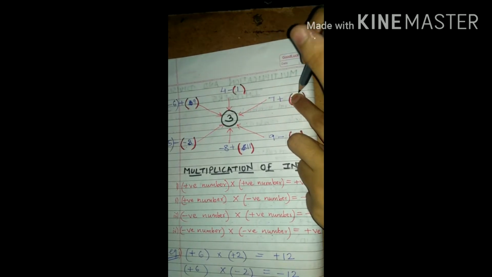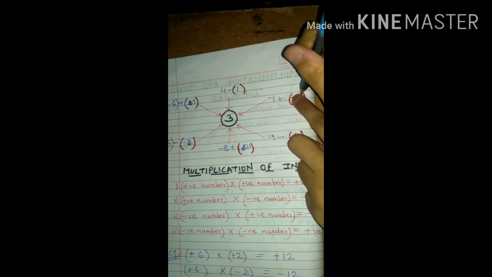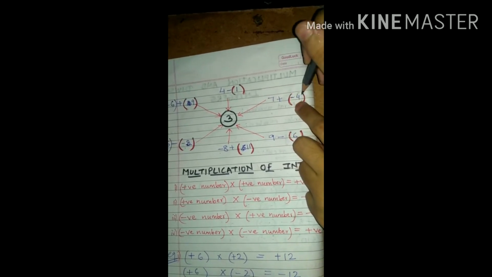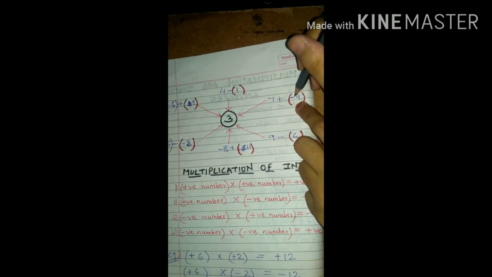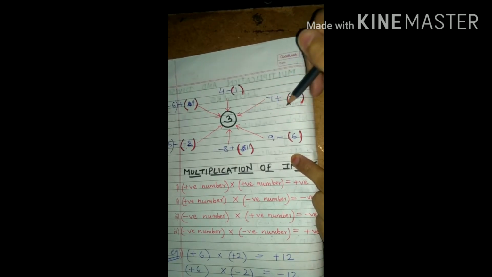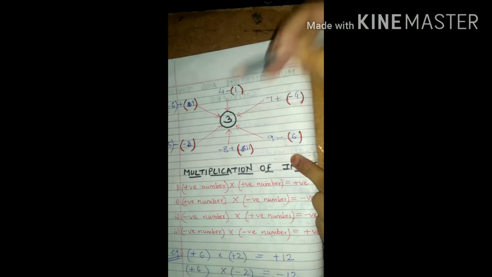So we want a negative number in this place. So 7 plus minus 4. So plus minus, as you know now, plus minus becomes minus. So 7 minus 4 is what? 3. And the bigger number is what? Amongst these, the bigger number is 7. 7 has positive sign. So you are getting the answer as plus 3.